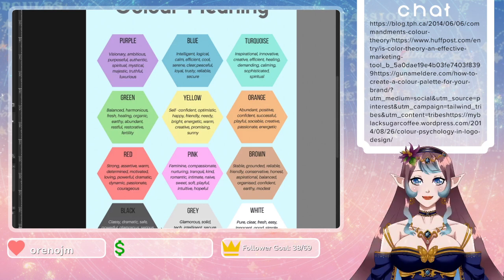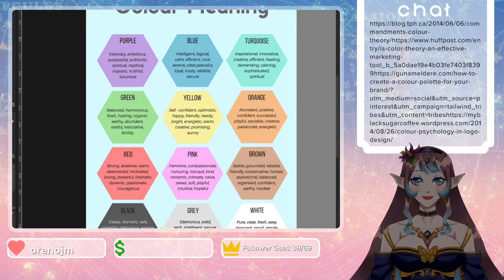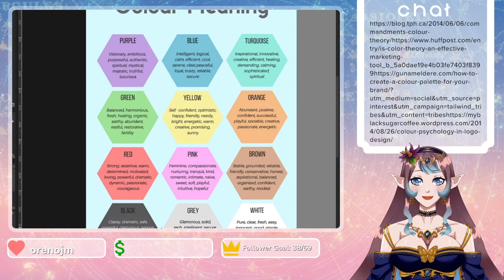Orange: abundant, positive, confident, successful, playful, sociable, creative, passionate, energetic too. Warmer colors tend to be more energetic, while as you can see, the meanings for the cooler colors tend to be more calm, more sophisticated.